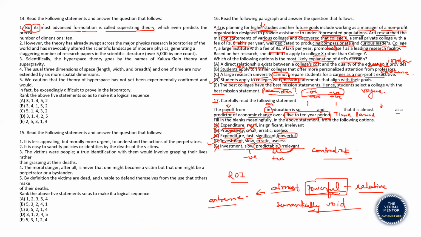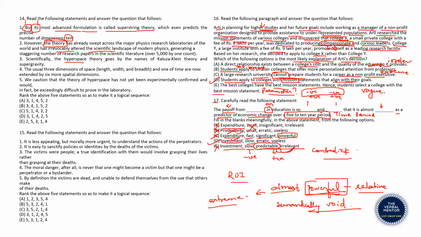So we have two important markers, but and its most advanced formulation, which even predicts the precise number of dimensions, that is 10. Okay. However, the theory has already swept across the major physics research laboratories of the world and has irrevocably altered the scientific landscape. The theory. So still not the opening sentence I'm looking for.